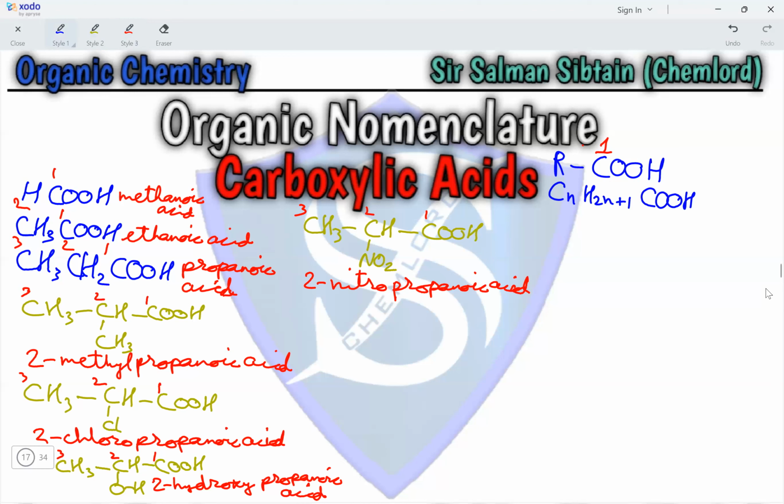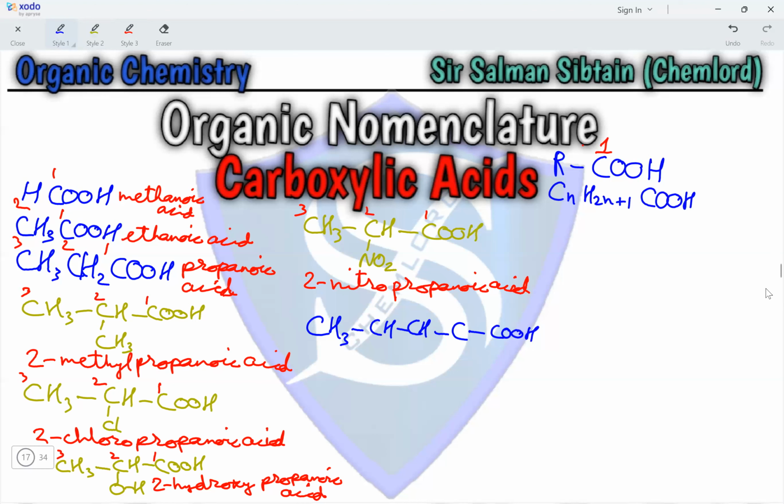Now let's combine different functional groups on the same compound. So let's place multiple substituent groups on the same carboxylic acid. Let's make a carboxylic acid with 5 carbon atoms. So CH3, then we would have a CH, then we would have another CH, then a C with two substituent groups here and a COOH.